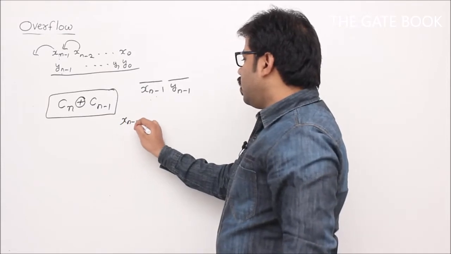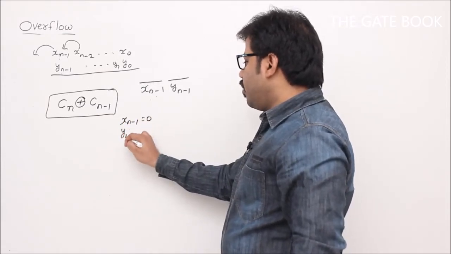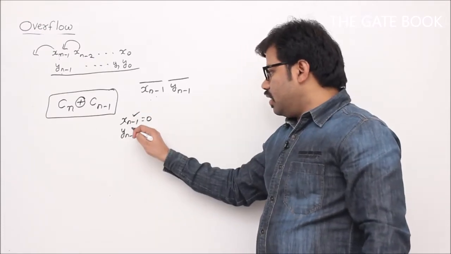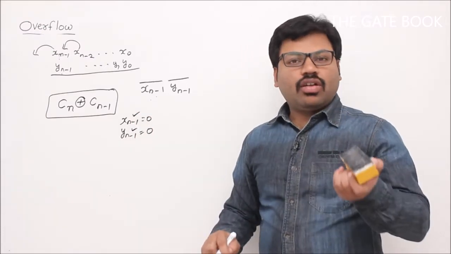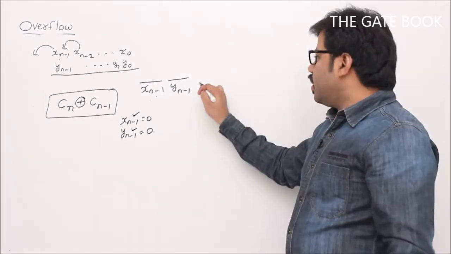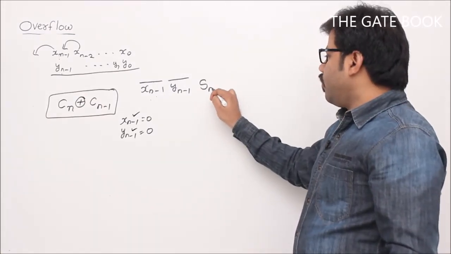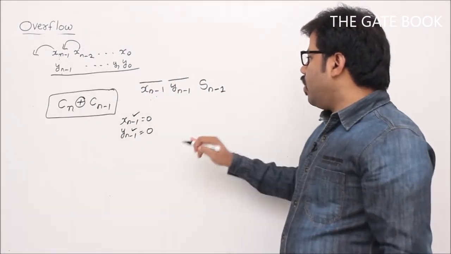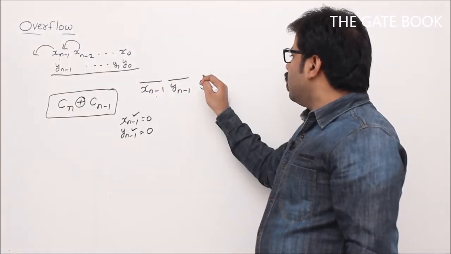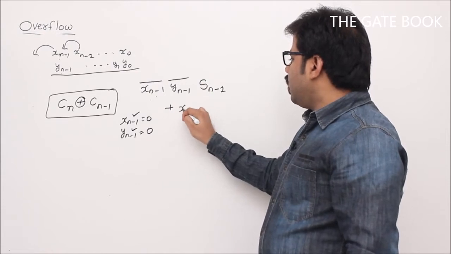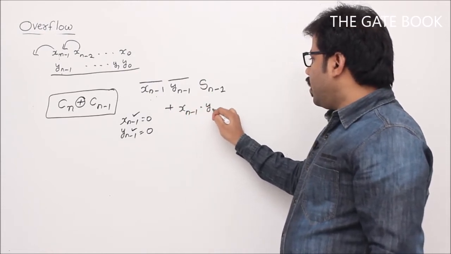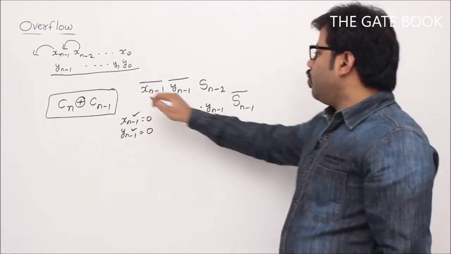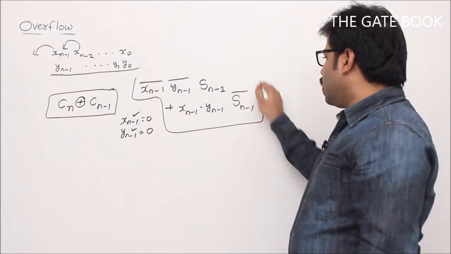Try to understand. Whenever these last two digits are zeros, at what time do you get the overflow? At that time your sum. I will explain, don't worry. So x(n-1) bar, y(n-1) bar, S(n-1), plus x(n-1), y(n-1), S(n-1) bar. So this is also going to be an overflow condition.